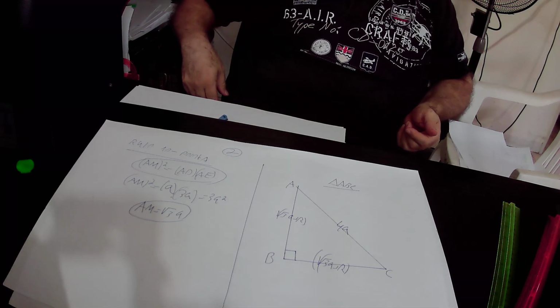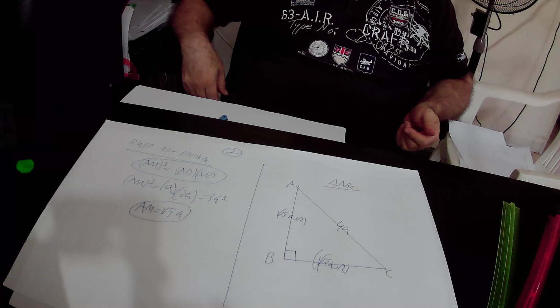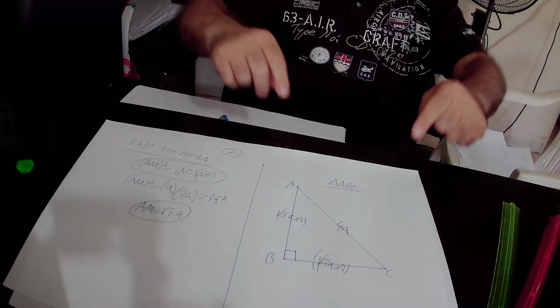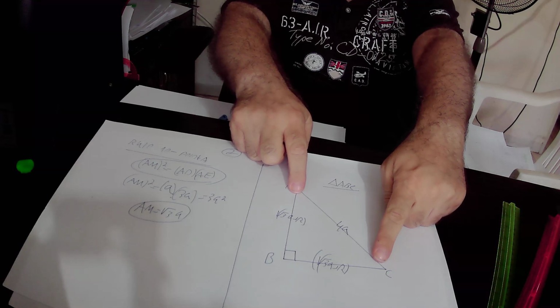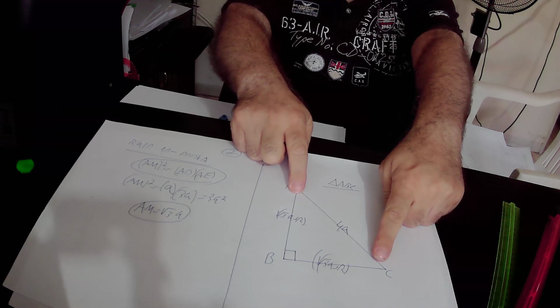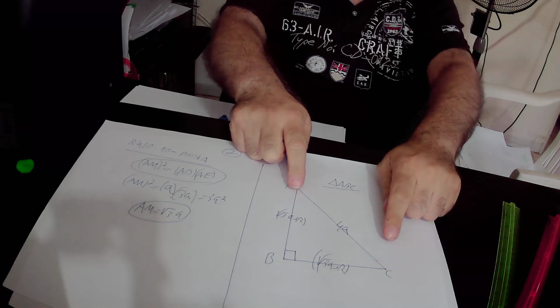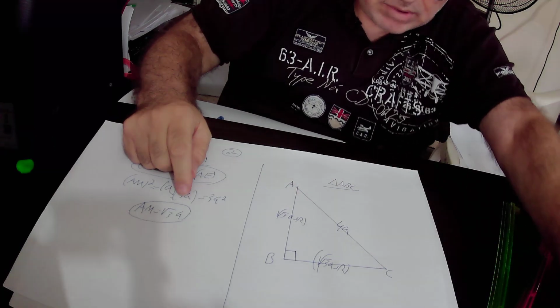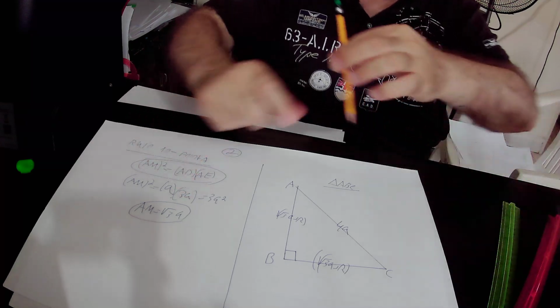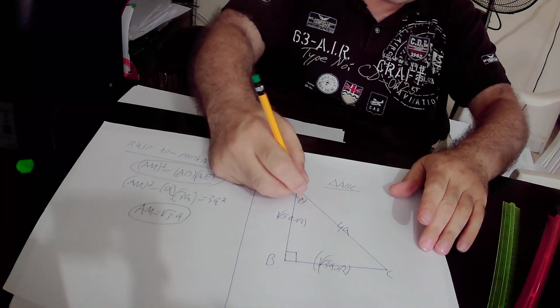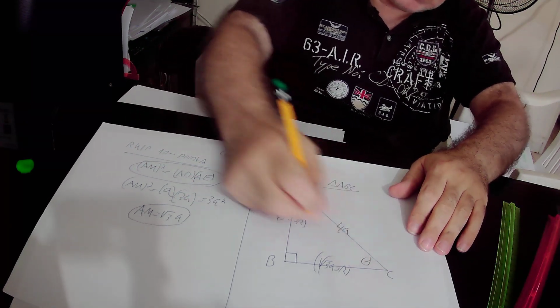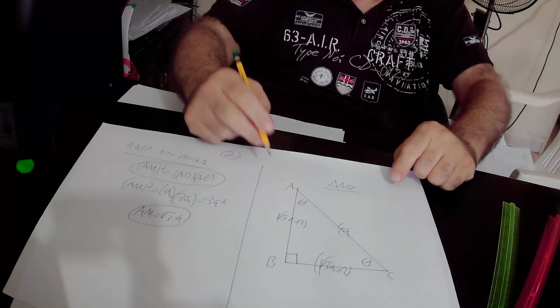And we have the rule that in front of equal sides in the triangle, there are equal angles. So those two angles that are located in front of equal sides must be equal to each other. So if we define one angle as theta, then the other angle must also be equal to theta, because they are equal to each other.